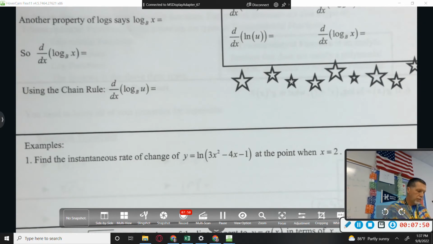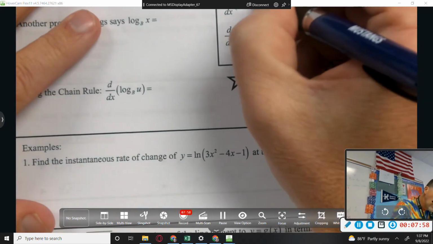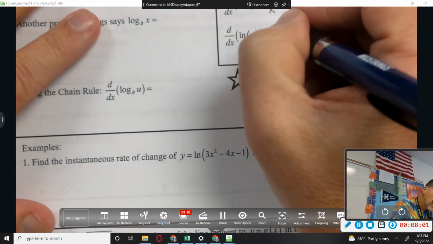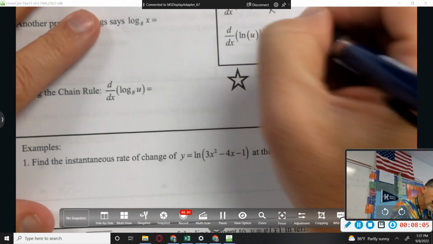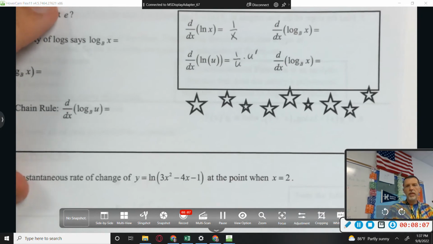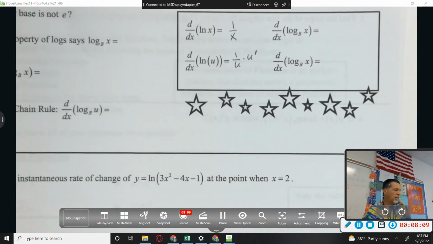Okay, well, what if our base is not e? That's when things are annoying. Yeah, you're out of luck. So we already know these two. If the base is natural log, that's easy. The base is not natural log.